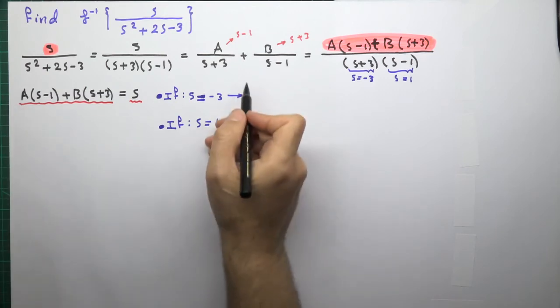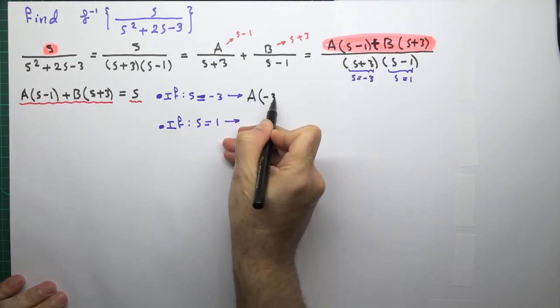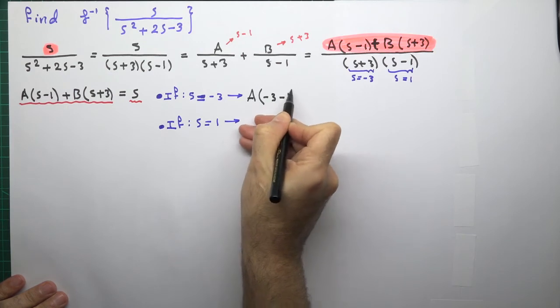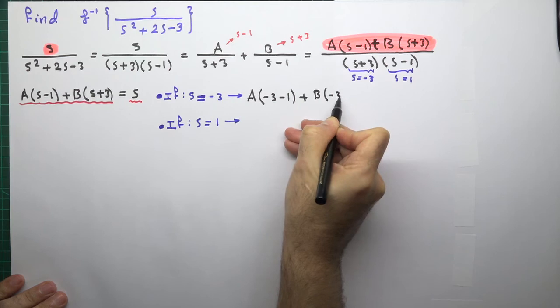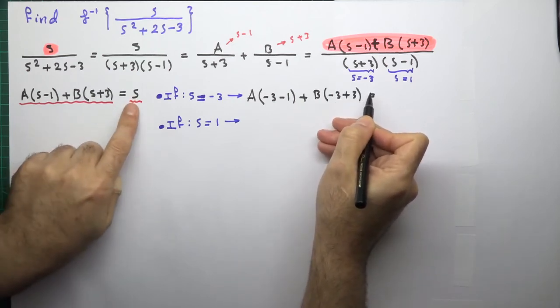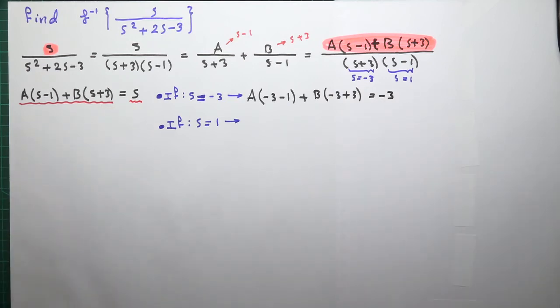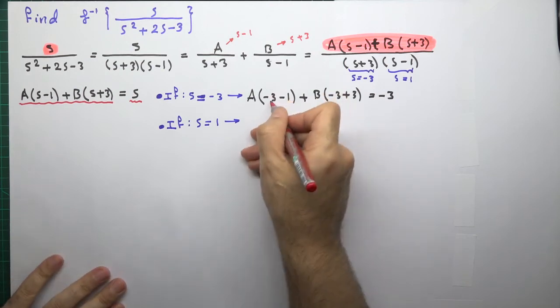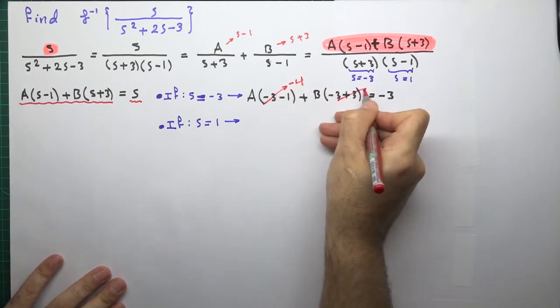So if you plug in minus 3, it will be A times minus 3 minus 1 plus B times minus 3 plus 3 equals, we will replace this by minus 3, it will be minus 3. And as you know, this is simply minus 4 and this is 0.